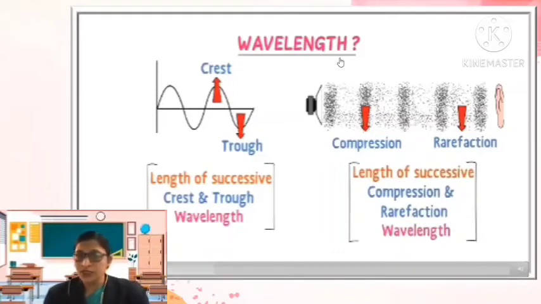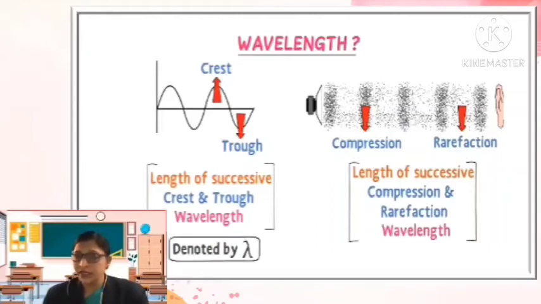So I hope you understand the definition of wavelength for both types of waves of sound: the length of a successive crest and trough, or the length of a successive compression and rarefaction, is called the wavelength of that sound. It is denoted by the Greek letter lambda. Its SI unit is meter.